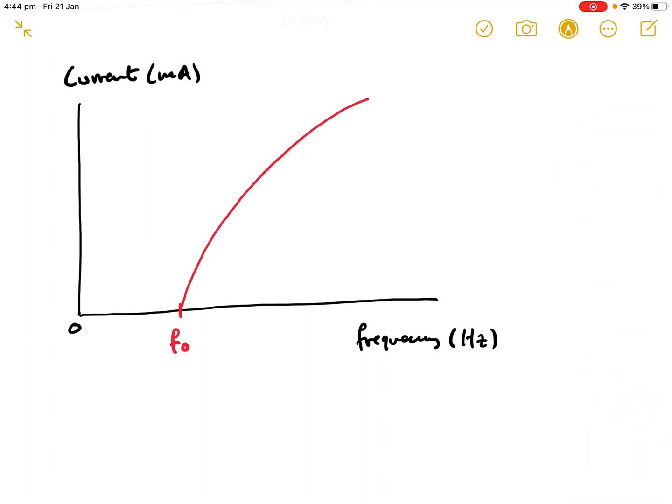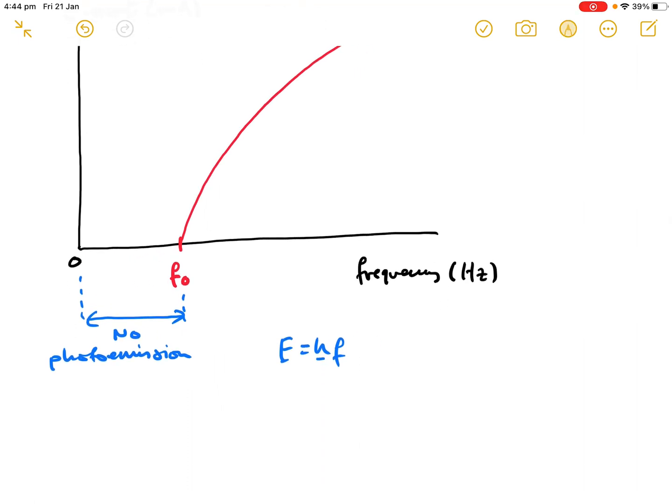And this interval here, there is no photo emission. And the reason for that, of course, is using our Planck equation. That's a constant. If that's very low, that's very low, not enough to overcome the work function.